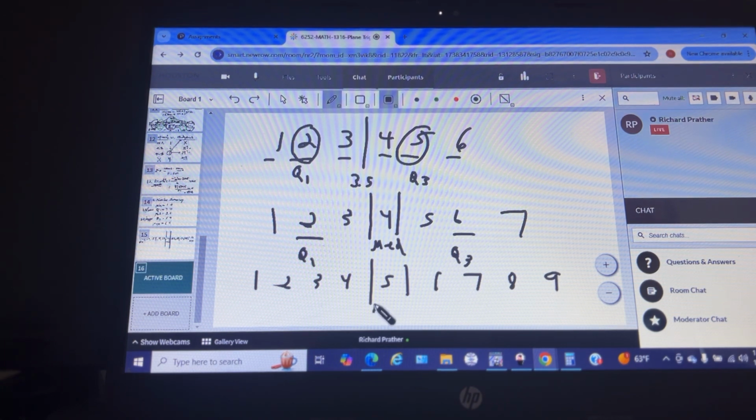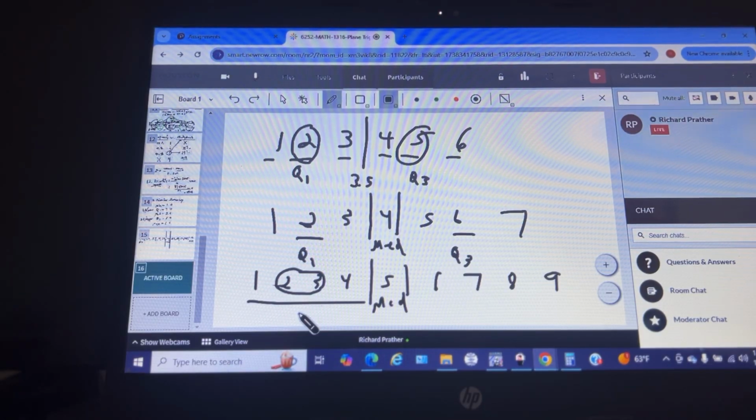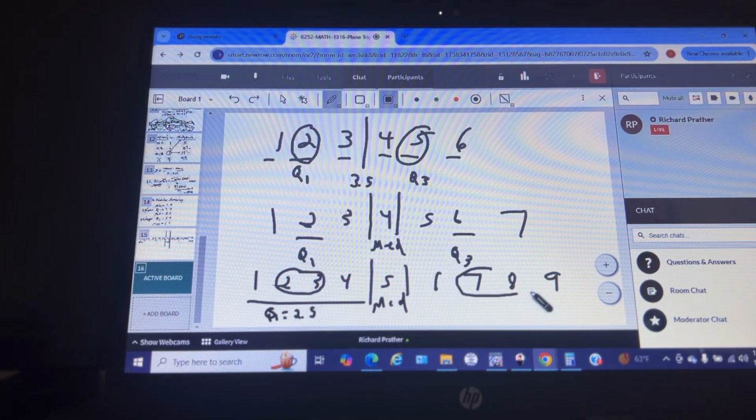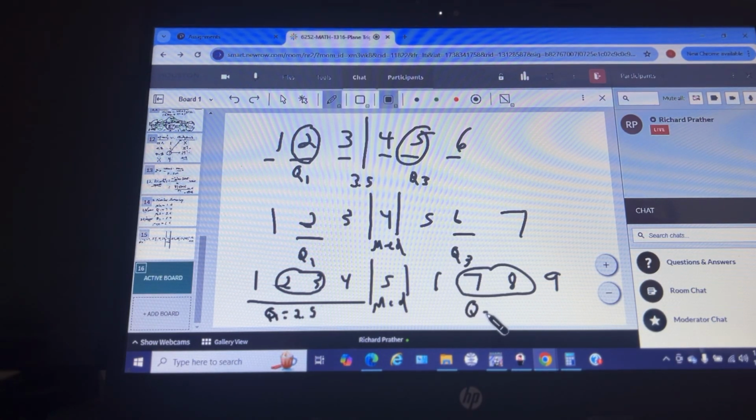Now 5 would be the median, and you would not use that. But the middle of the lower half of the data is the average of 2 and 3. So sometimes you have to do an average of 2 numbers for the overall median in the middle. Sometimes you have to do an average of 2 numbers to find the quartiles too. So Q1 would actually be 2.5 in an example like this. And Q3 would be the average of 7 and 8, which is 7.5.